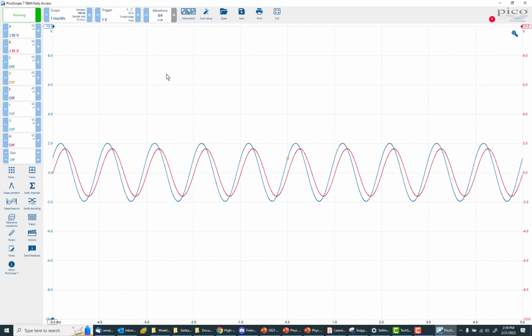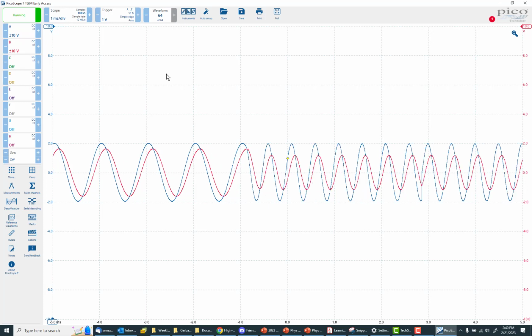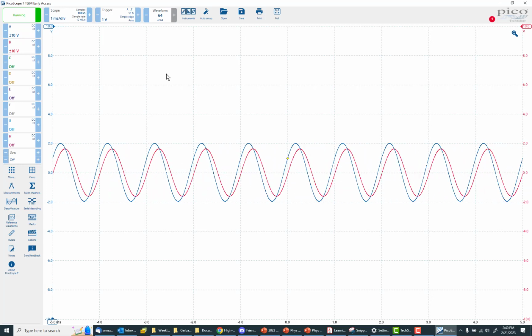So the blue is the V in, and the red is the V out. So we see that the output, the capacitor, is lagging in this case. I'm measuring the voltage across the capacitor, not the resistor.